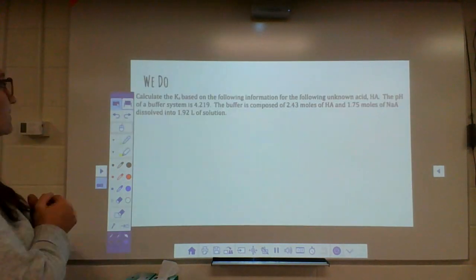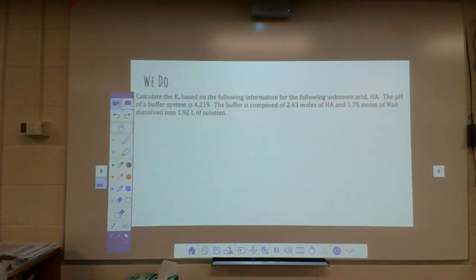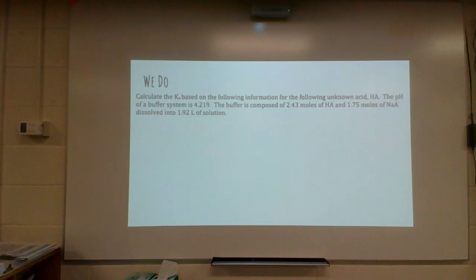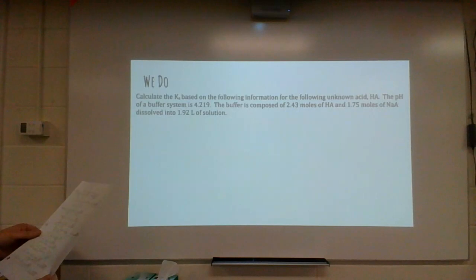Here's the we do. It wants us to calculate the Ka based on the following information for an unknown acid HA. The pH of the buffer system is 4.219. The buffer is composed of 2.43 moles of HA and 1.75 moles of NaA, or the conjugate base, dissolved into 1.92 liters of solution.